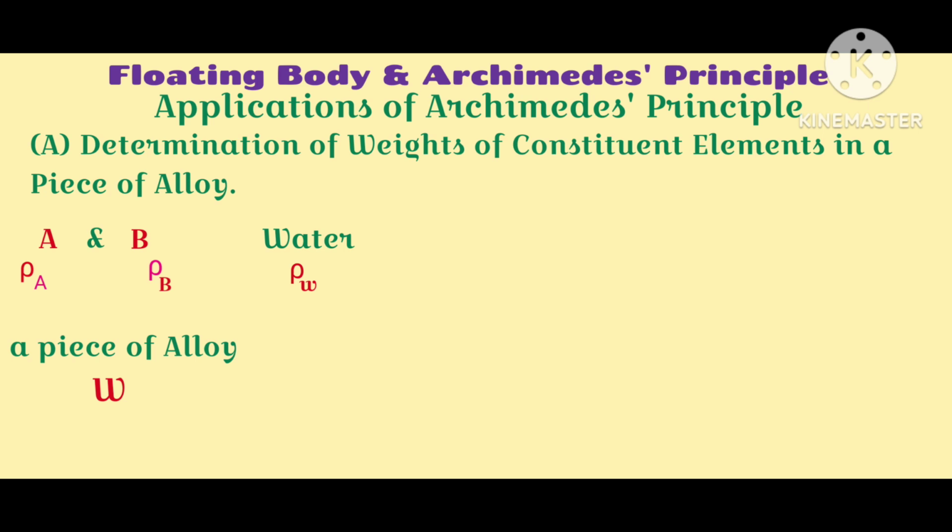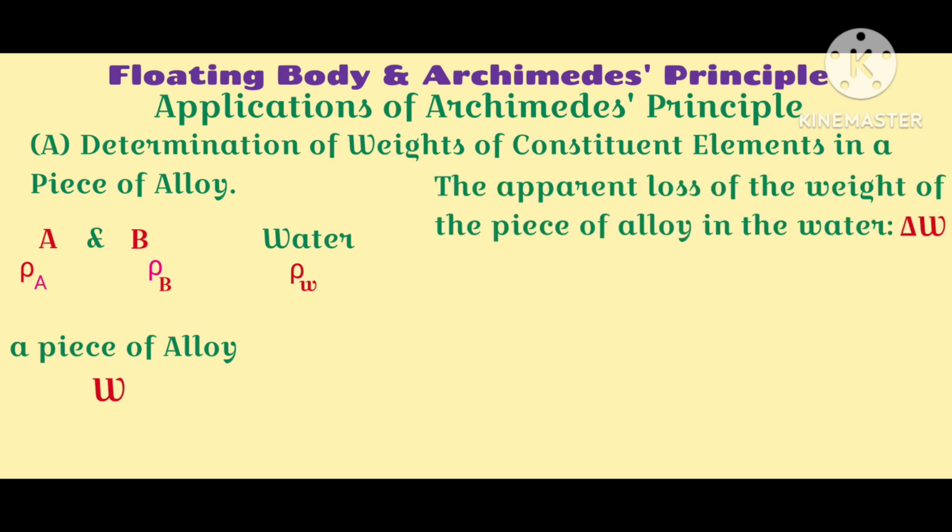The piece of alloy is entirely immersed in the water, and the apparent loss of the weight of the piece of alloy is found to be delta W. With the help of Archimedes' principle, we have the expressions for the weights of element A and element B in the piece of alloy as follows.